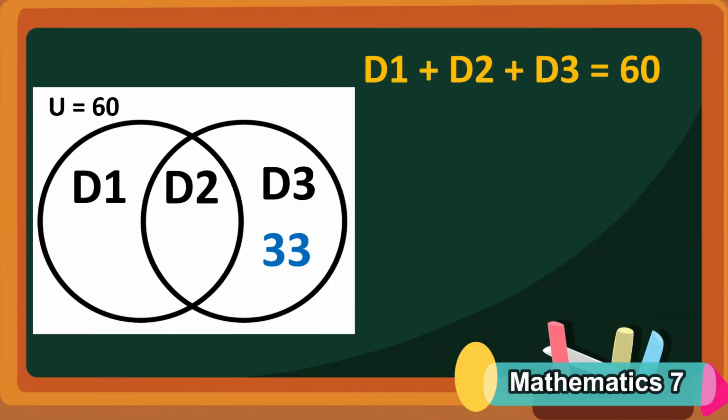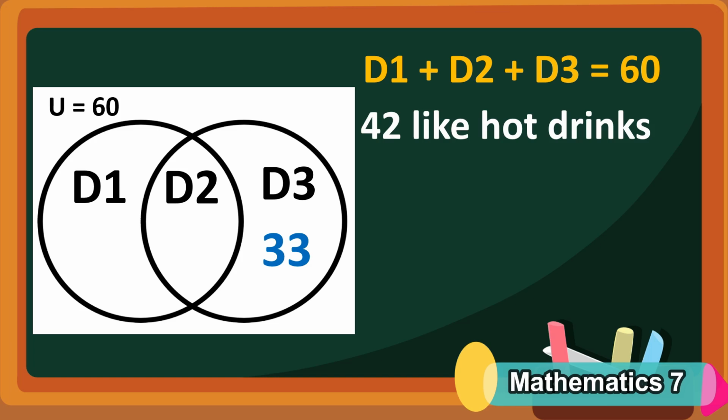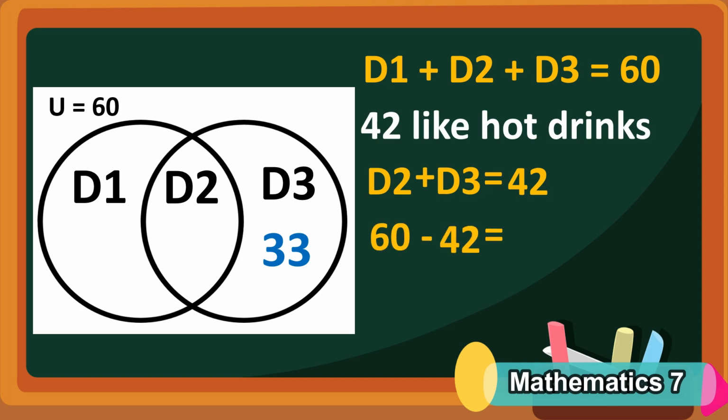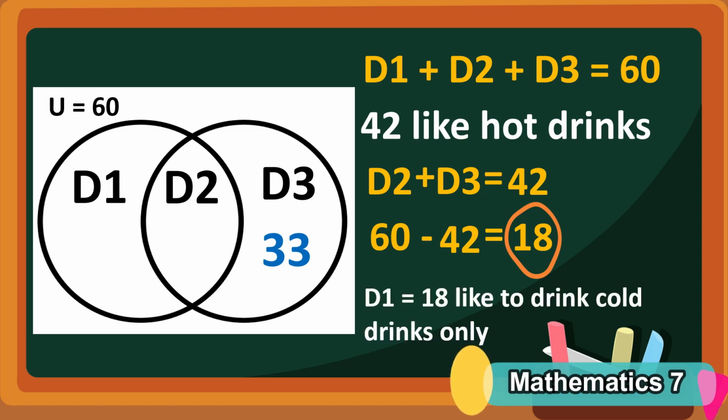D1 plus D2 plus D3 is equal to 60. 42 like hot drinks, so D2 plus D3 is equal to 42. 60 minus 42 is equal to 18. D1 is equal to 18 who like cold drinks only.